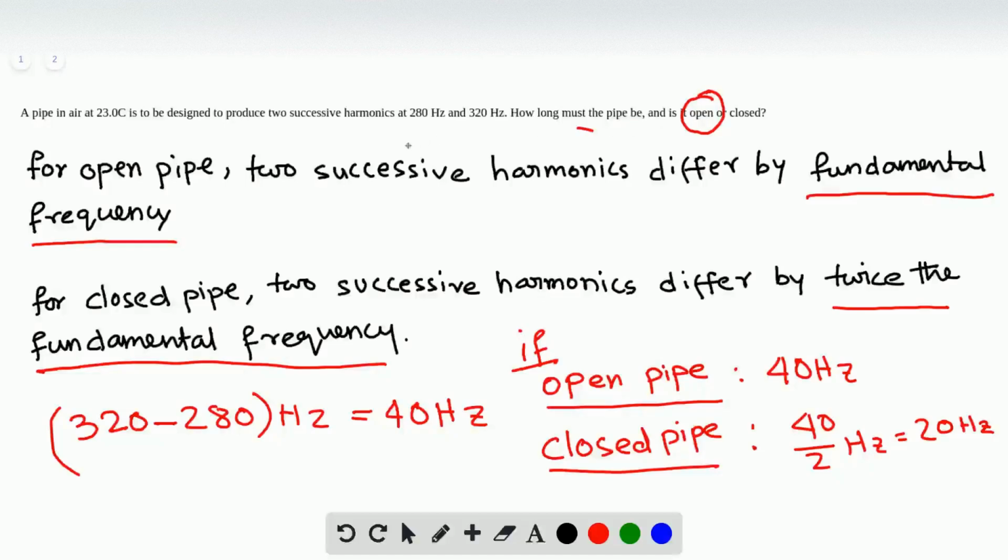Now let's talk about how long the pipe must be. To do so, first we need this equation, where frequency is equal to the velocity, or the speed of sound, divided by 2L, where L is the length of the pipe, and we are using 2L because it's an open pipe.